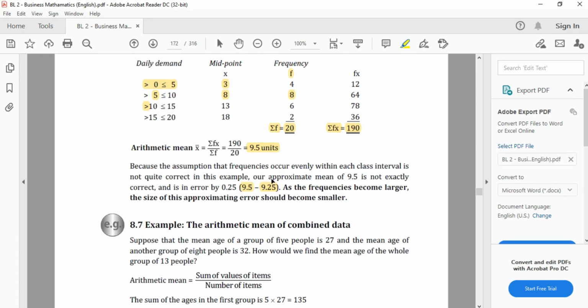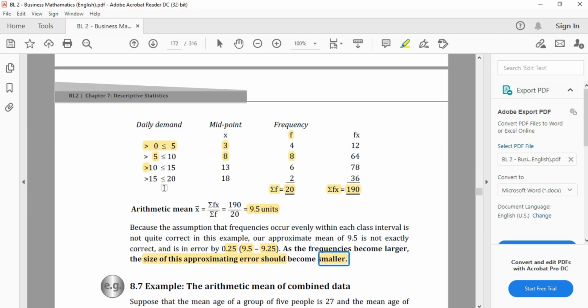It increased to 9.5 average. So there's an error of 0.25. So they say, as frequency becomes larger, the size of this approximating error, that means the 0.25 error, becomes small. So for large data sets, the difference will be less between a grouped data set and the same data set not grouped.